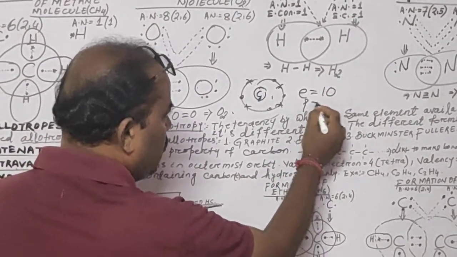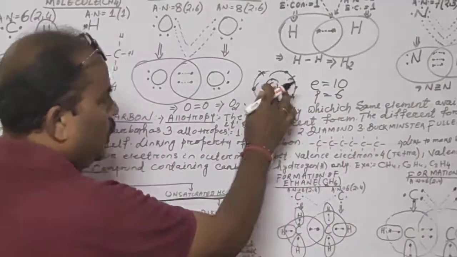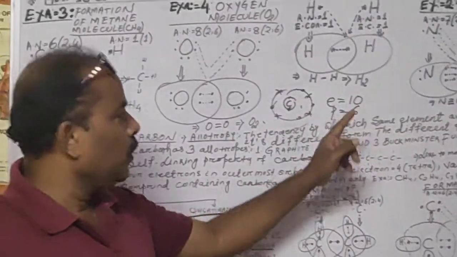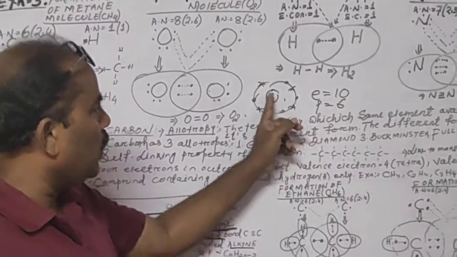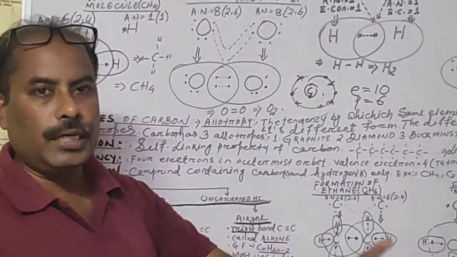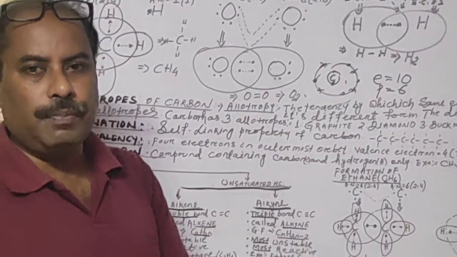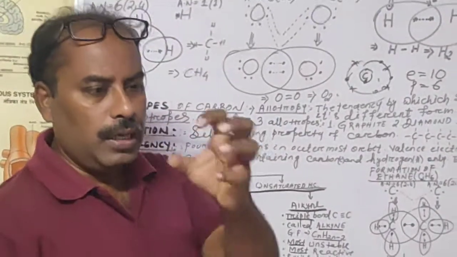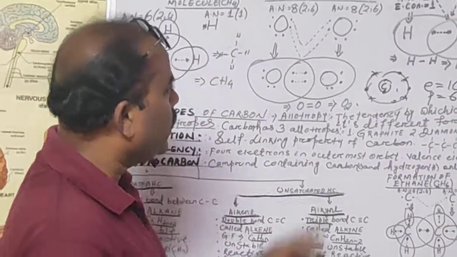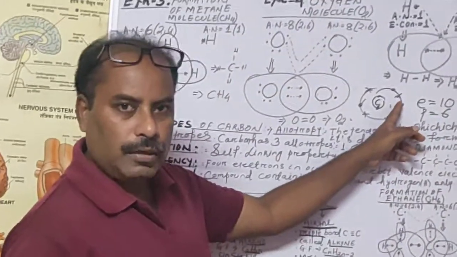But protons will be 6, because originally it has 6 electrons, meaning 6 protons. With 6 protons, the nucleus of carbon cannot hold all 10 electrons in its orbit. That will be very difficult, so carbon will not be stable. That's why it never gains electrons.